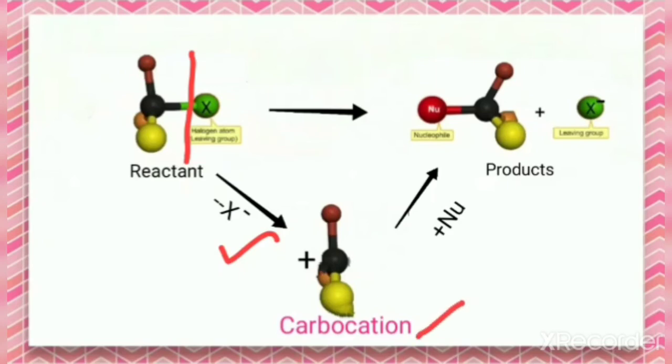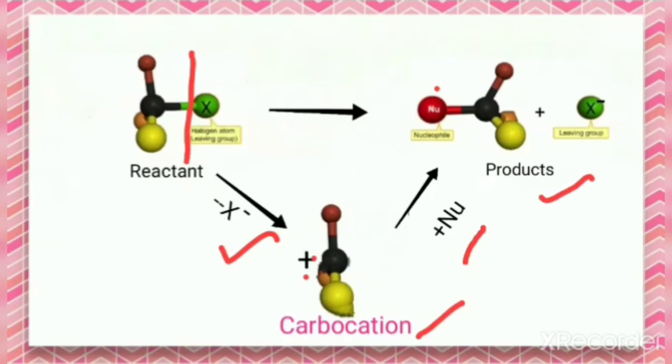You can check here, one X negative is removed, so one positive charge is formed on the carbon atom. It is called a carbocation. Then the nucleophile attacks, and easily the nucleophile can attack this positively charged carbon. So we get this product.